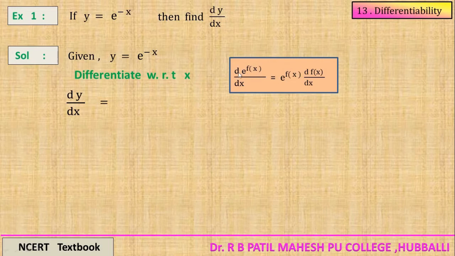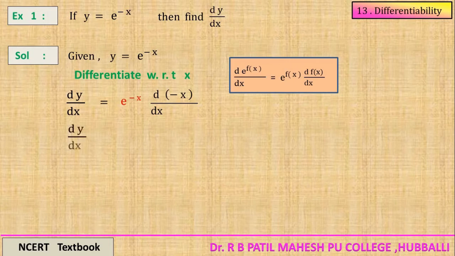So follow here also. First you write whatever function is given, the same function, that is the derivative answer, into d by dx of minus x, the power function. I hope you understood how to write the derivative for e raised to f of x, the exponential composite function.